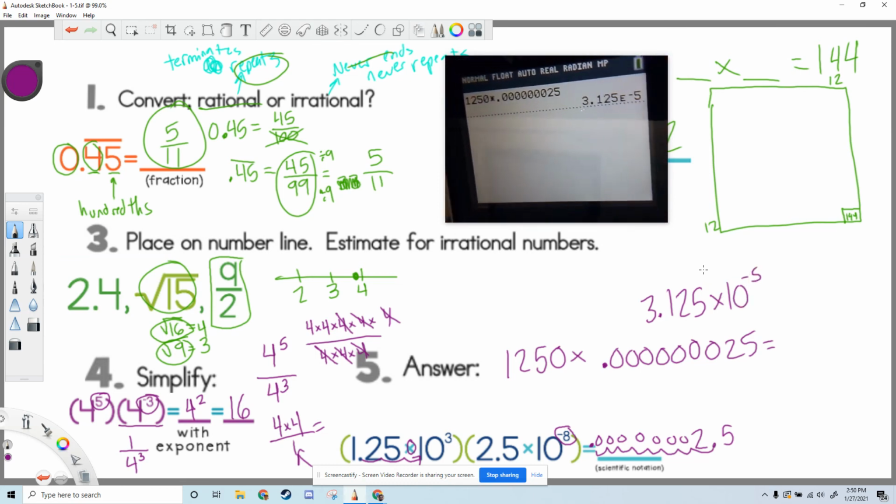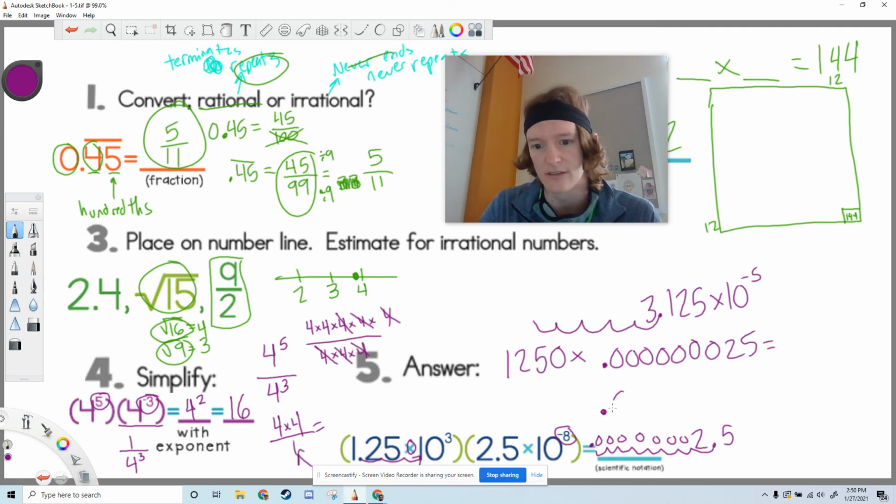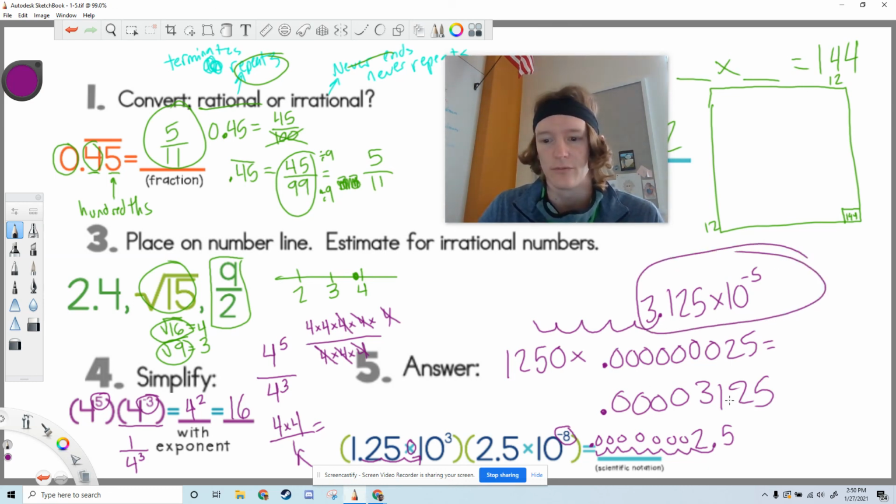Mine gives my answer in scientific notation, but it's also possible your calculator gave you the answer as 0.0003125. Now in scientific notation, the decimal point has to go here, so that's 1, 2, 3, 4, 5 spots to the left. So there's our answer, 3.125 times 10 to the negative 5th.